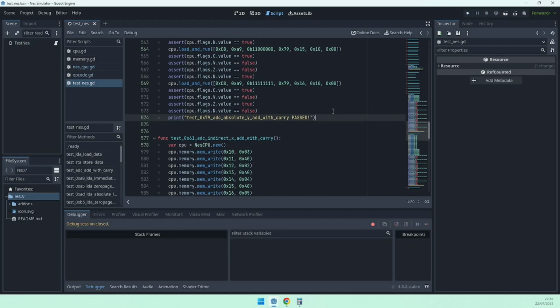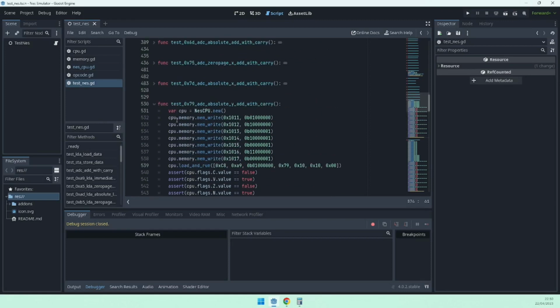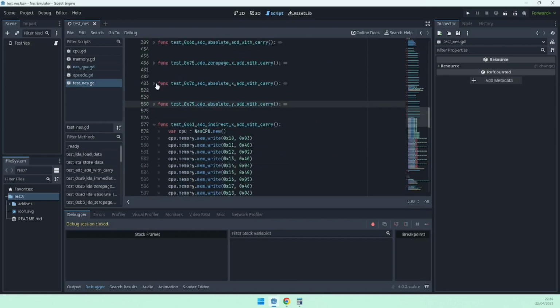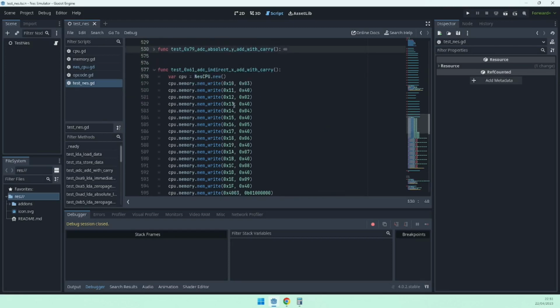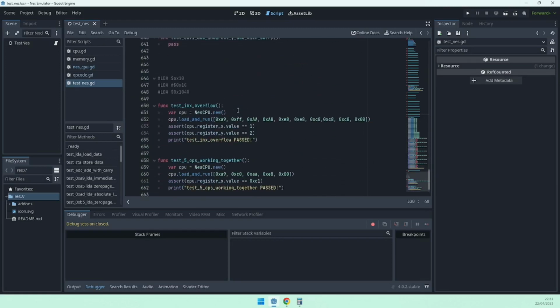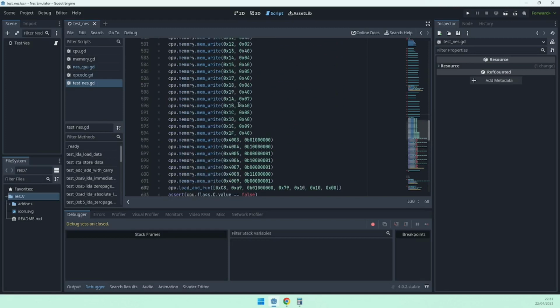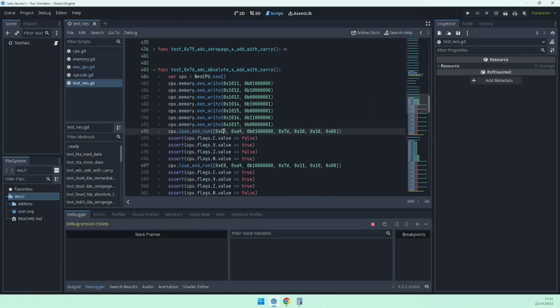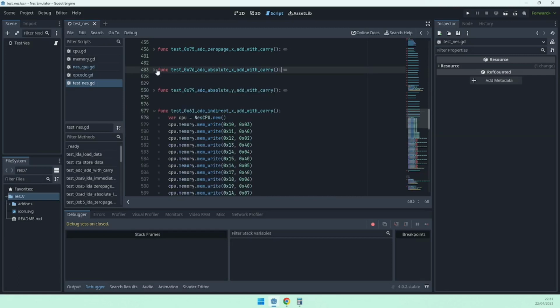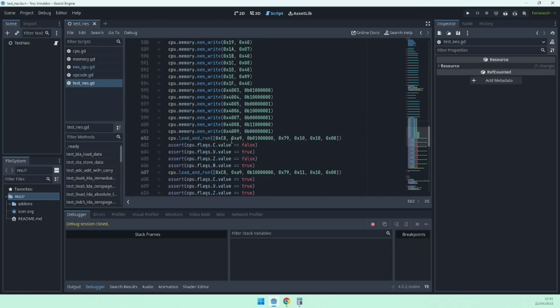Okay, so this is indirect X. Wait. Yes. So absolute X. I wanted to check for the increased X. So I will use that in here.